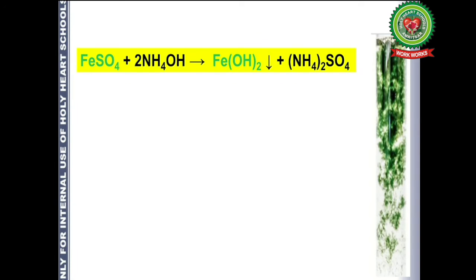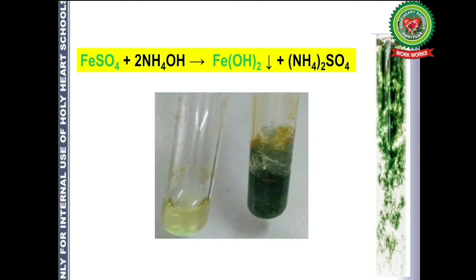Let us first take the example of the salt FeSO4, that is ferrous sulfate. When we add ammonium hydroxide, Fe combines with OH and forms Fe(OH)2, which is an insoluble precipitate, and the salt that is formed in this case is ammonium sulfate. In the first test tube, FeSO4 is light green in color.